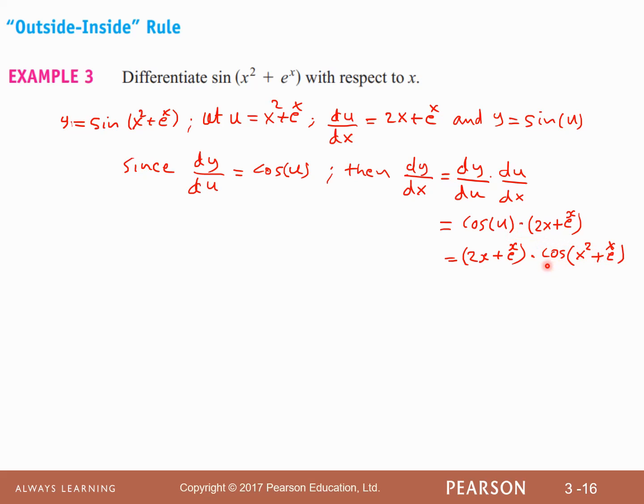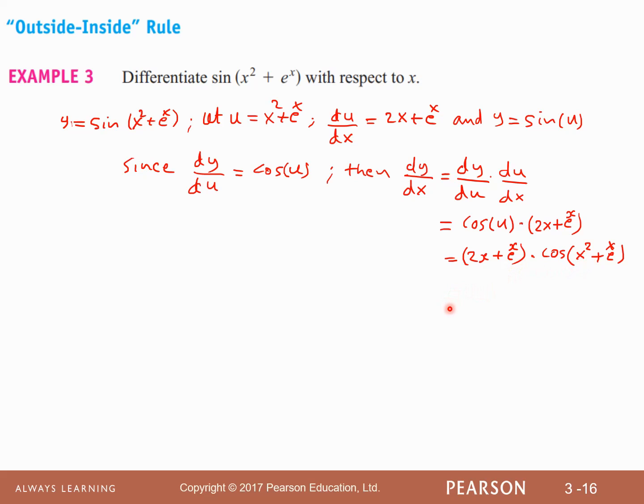And this is pretty much the answer that we're supposed to get. One more time. This value is the differentiation of the inside, and this value is the differentiation of the outside. And you can see that cosine here is working on x squared plus e to the x, and on the left hand side is the derivative of the argument of the cosine. That's it for this one.